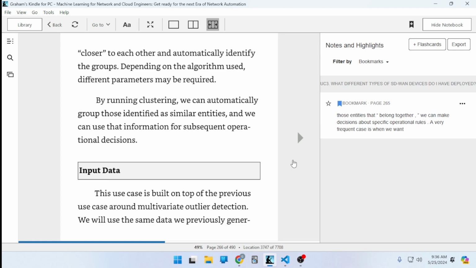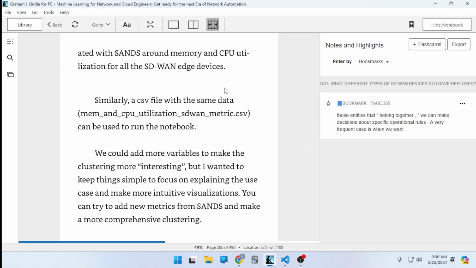Input data. This use case is built on top of the previous use case around multivariate outlier detection. We will use the same data we previously generated with SANS around memory and CPU utilization for all the SD-WAN edge devices. Similarly, a CSV file with the same data, mem and CPU utilization SD-WAN metric.csv, can be used to run the notebook.